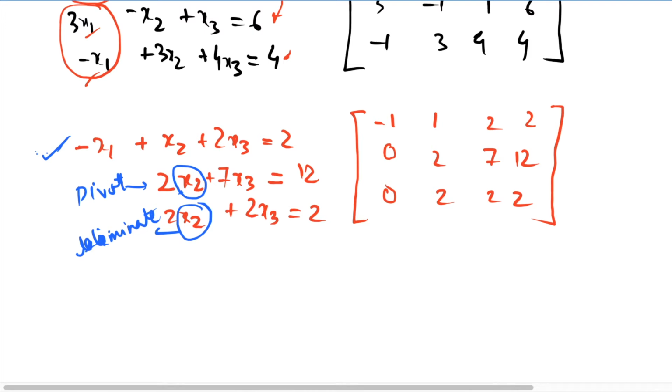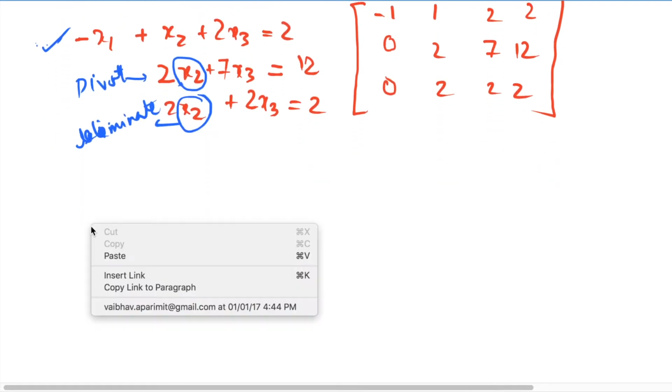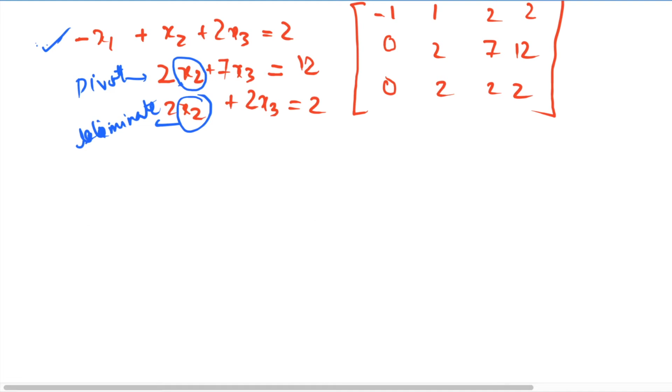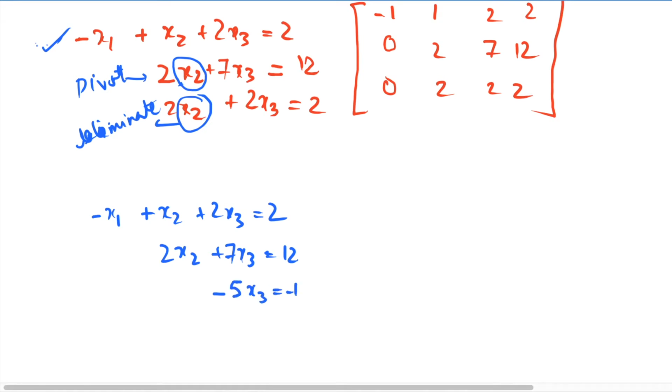Now if you do so, you will be left with the following linear system. It will be minus x1 plus x2 plus 2x3 is equal to 2, and this becomes 2x2 plus 7x3 is equal to 12, and the third row becomes minus 5x3 is equal to minus 10.